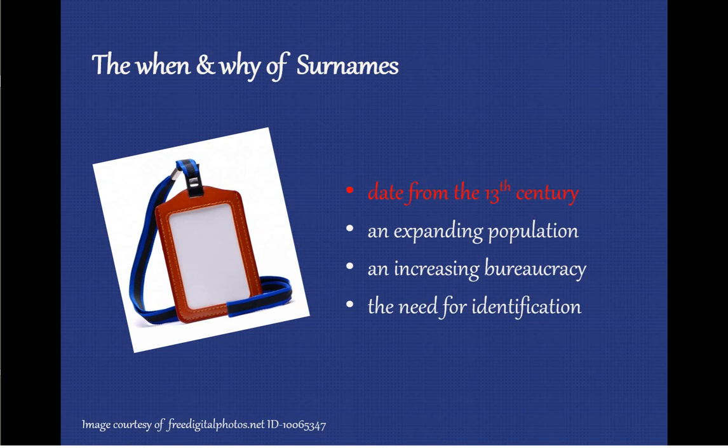However, for the Chinese, Romans, and the medieval British and Europeans, surnames came about as a result of three related things: an expanding population, the resulting increasing bureaucracy, and the need for provable and accurate identification. Think of censuses, taxation, military conscription, transfers of real and personal property, and inheritance issues.